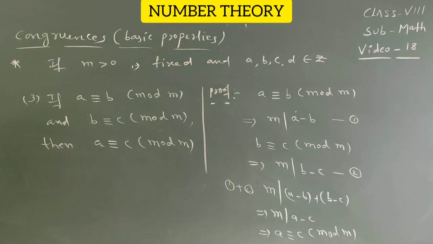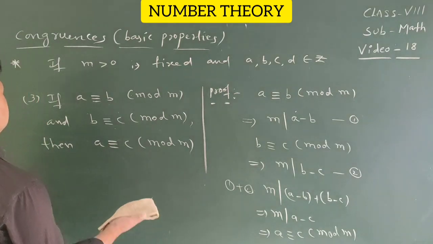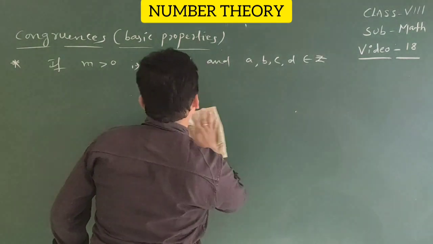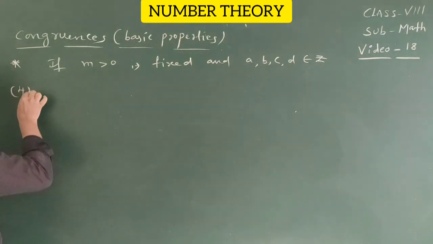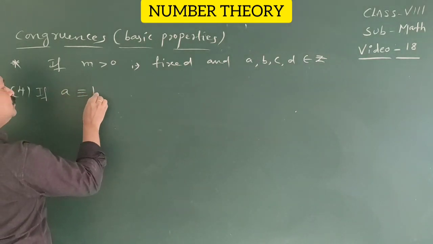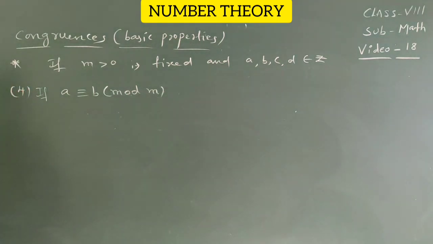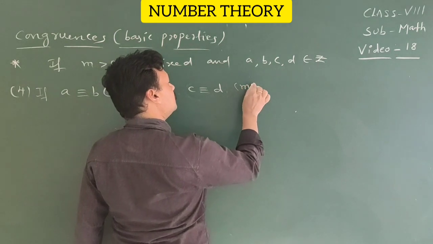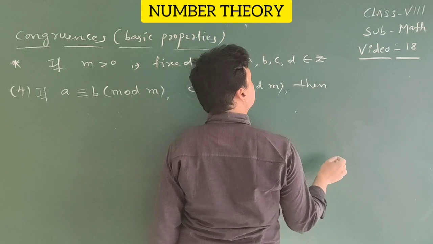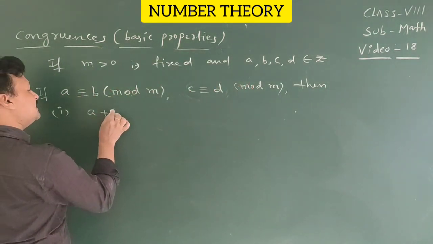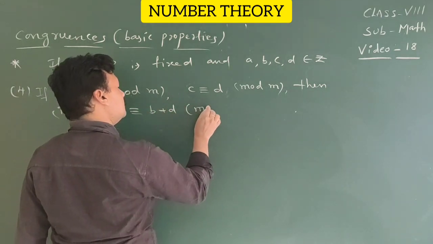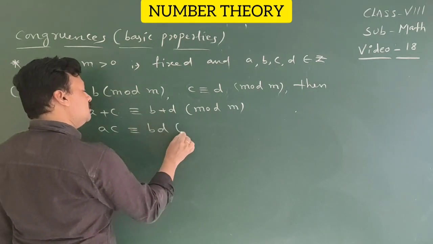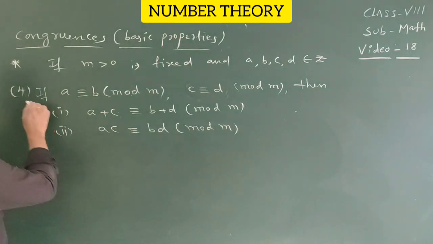Next, if A is congruent to B mod M and C is congruent to D mod M, then first one, A plus C is congruent to B plus D mod M. Second one, A times C is congruent to B times D mod M. This is important.